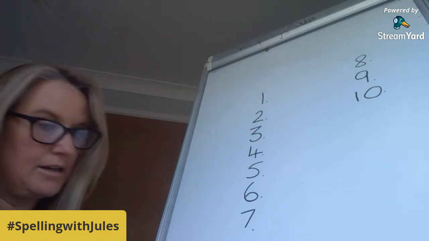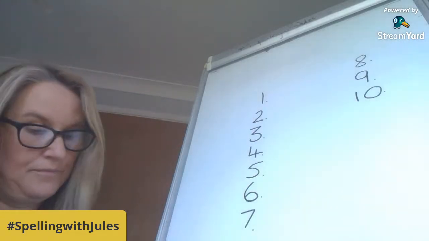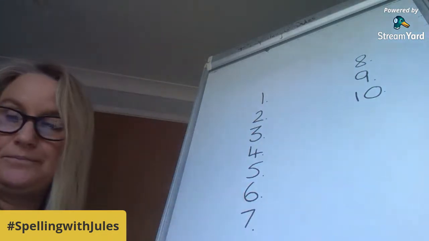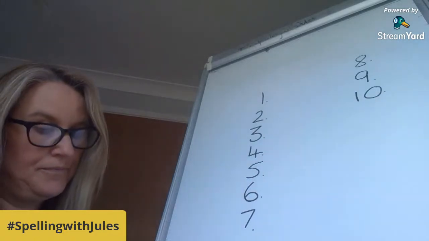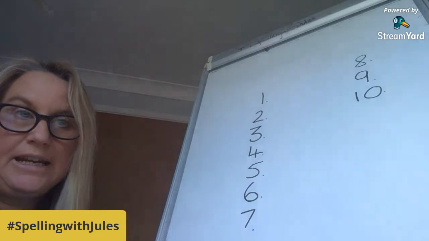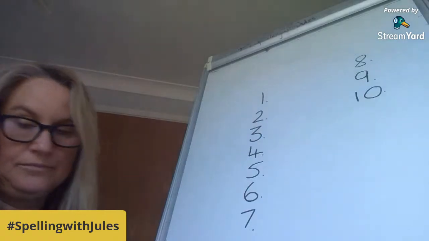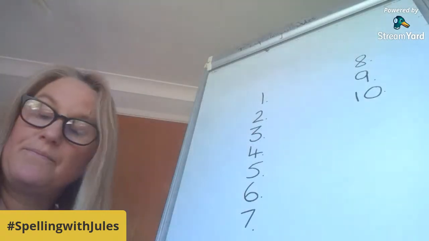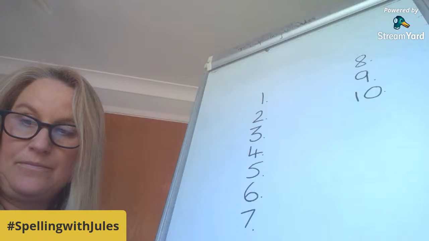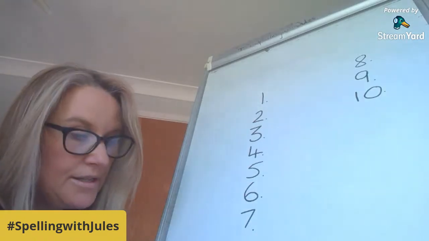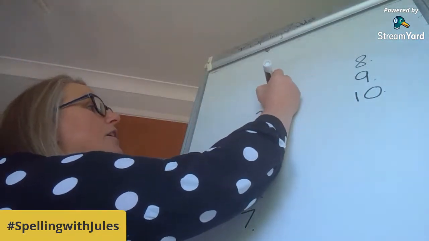So 10 was does. 9 was 16. 8 was above. 7 was 15. 6 was many. 5 was 14. 4 was bought. 3 was 13. 2 was worse. And 1 was 12. Okay, so 12.